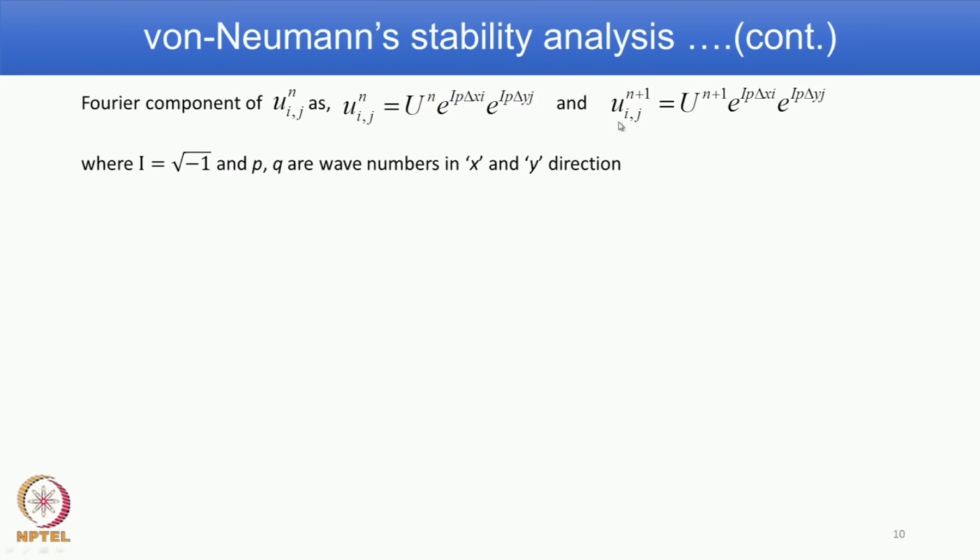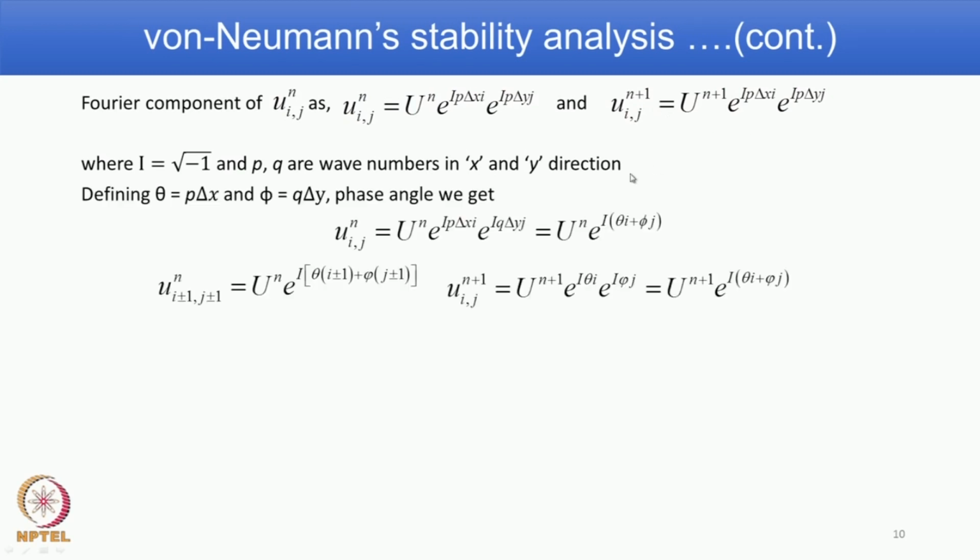For example, u i comma j n plus 1 is written as shown here. Similarly, u i plus or minus 1, j plus or minus 1 at the nth level is also written as shown here. As we did in the one dimensional case, we define I as the square root of minus 1, and p and q are wave numbers in the x and y direction respectively. Now, we define theta equal to p into delta x, phi equal to q into delta y.